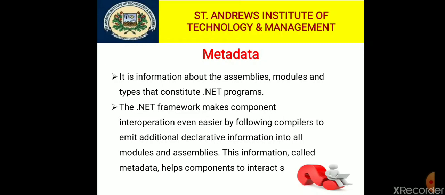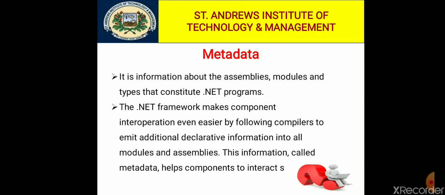The .NET framework makes component interoperation even easier by requiring compilers to emit additional declarative information into all modules and assemblies. This information is called metadata, and it helps components interact seamlessly.